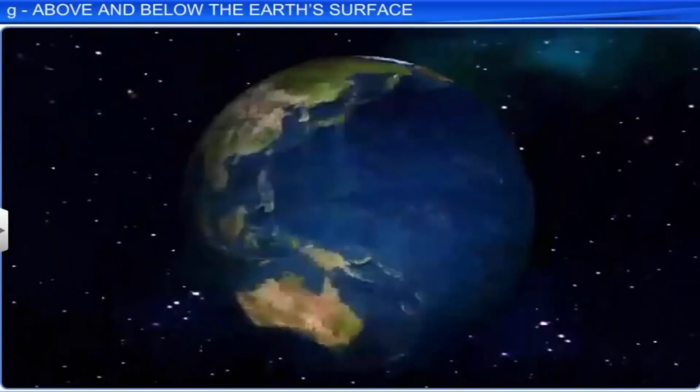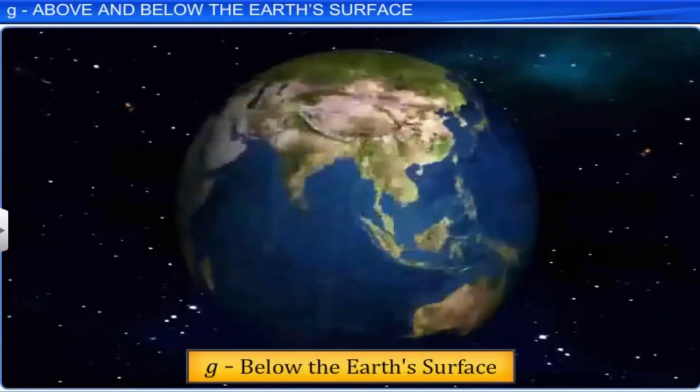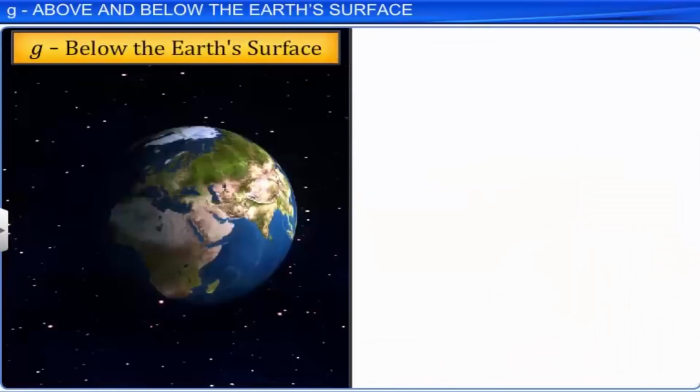To consider the variation of acceleration due to gravity below the surface of the Earth, let us assume that the Earth is a perfect sphere of uniform mass density ρ. Based on the formula, mass is equal to volume into density. The mass of the Earth is represented by equation 8.